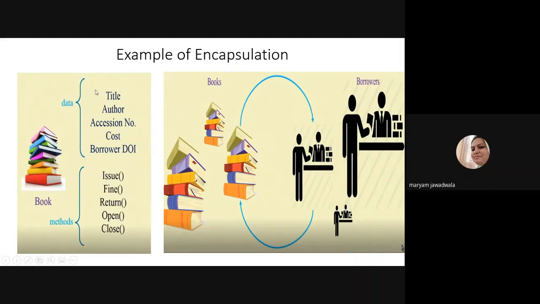These are the characteristics or variables of the book, known as data. Along with the data, you have some other things. These are the methods. To perform some action on data, we require methods. Suppose the first method is issue book, then find, return, open, close. These are examples of methods defined in book.